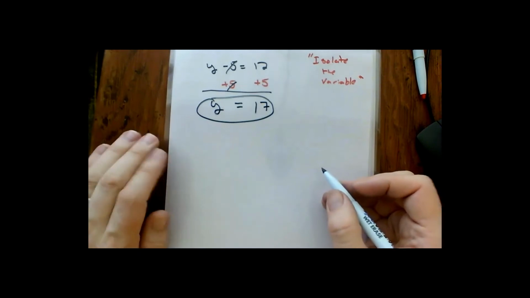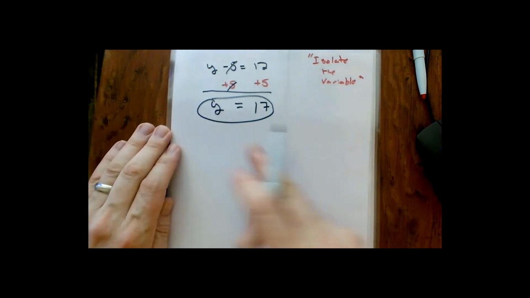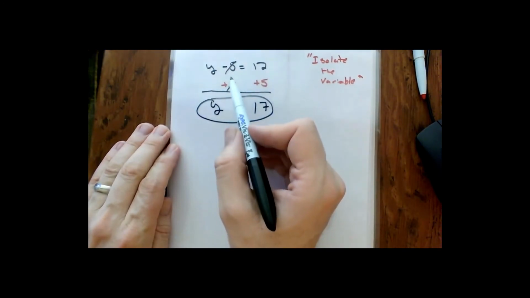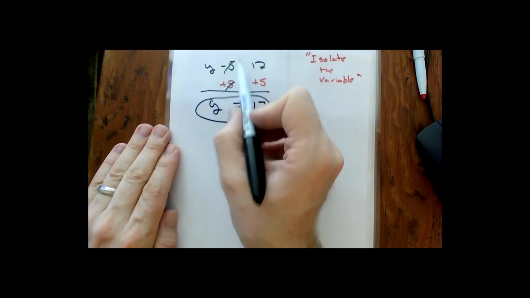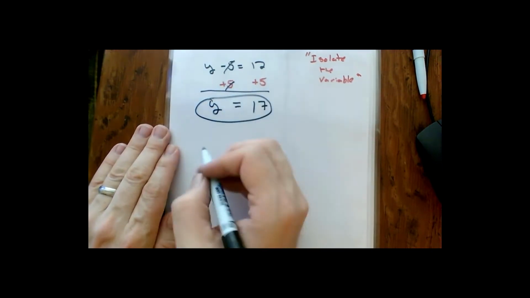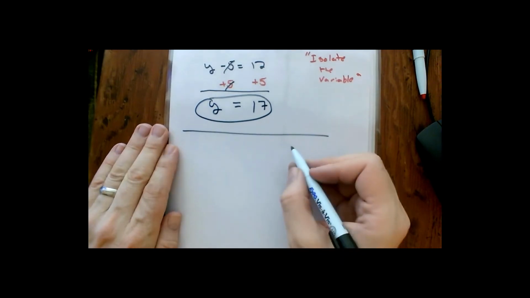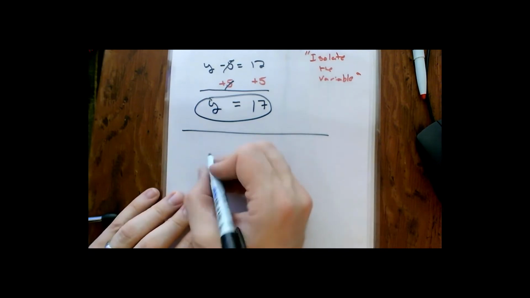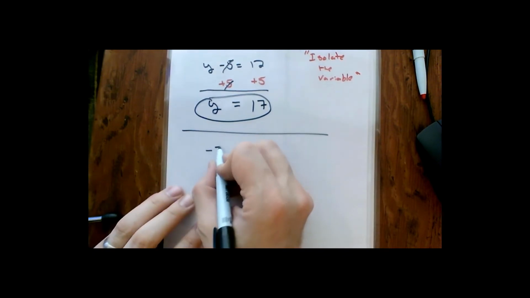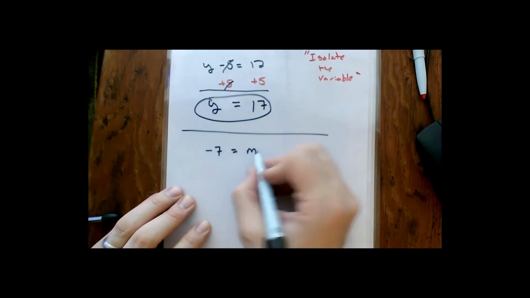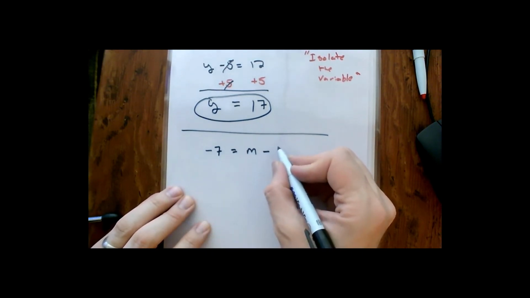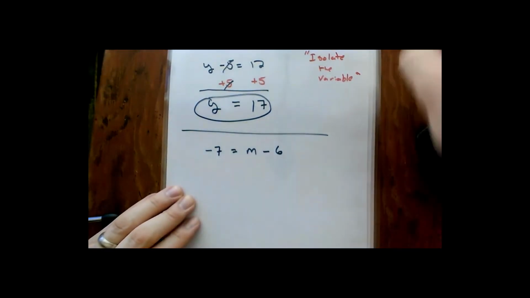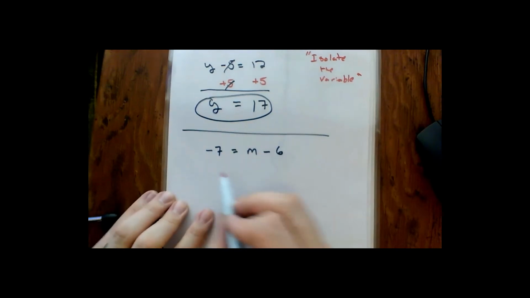Now, I want you to note that this doesn't always have to be moving the term on the left over to the right. We're not always just automatically adding or subtracting this term. If I've got my variable on the right, we're going to take whatever's attached to that. Say, for example, I've got -7 is equal to m minus 6. If I were to add or subtract something, it's not going to be that 7.